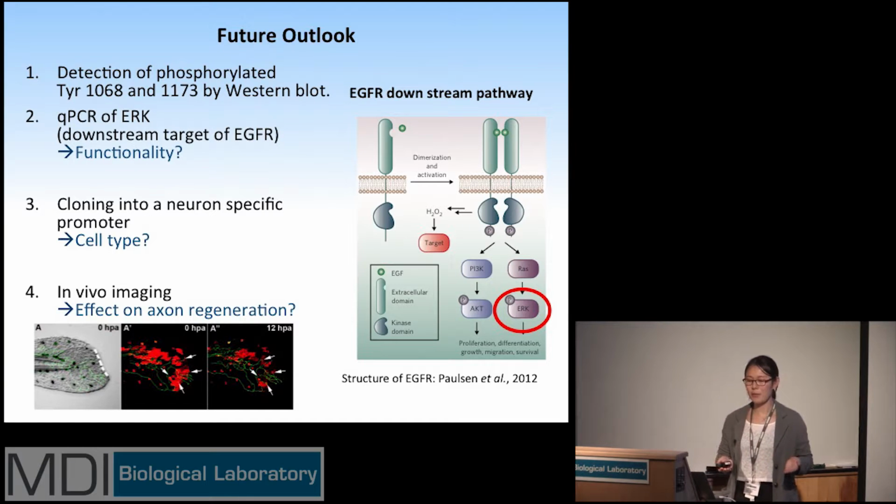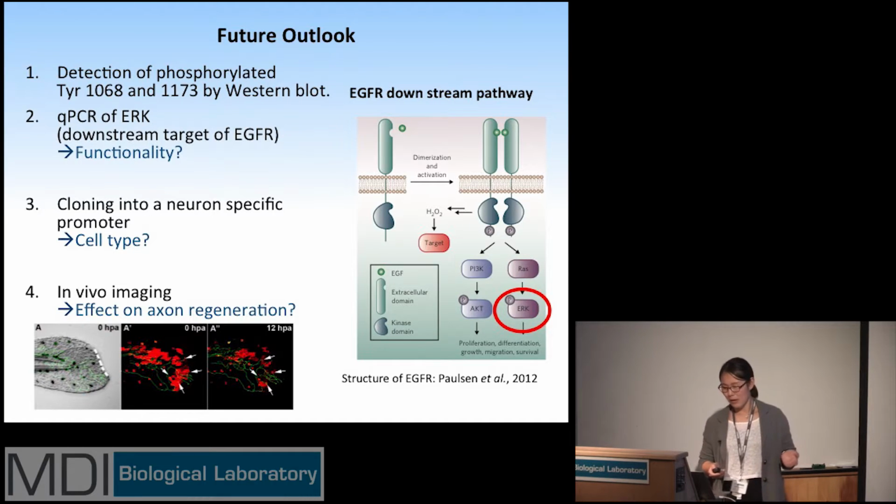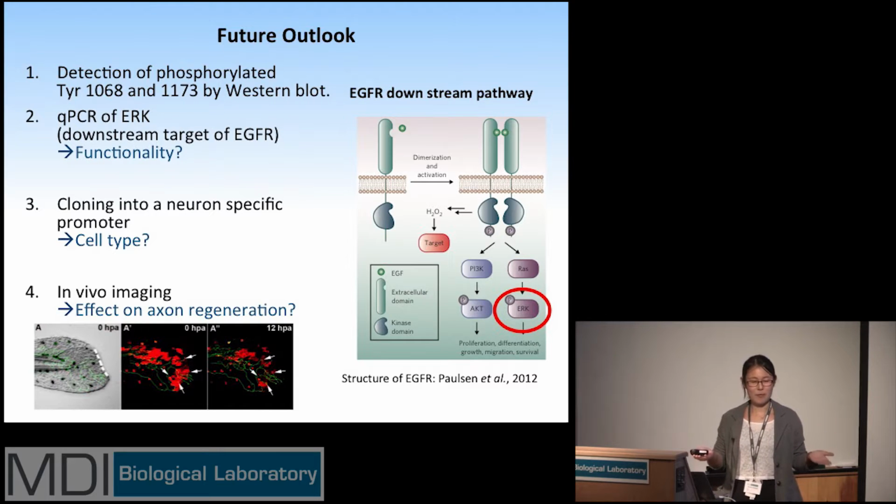We'd also like to perform qPCR of ARC, which is one of the downstream targets circled in the diagram. These 2 experiments will help us to see if the mutation and overexpression of the EGFR, and overexpression of wild-type EGFR, affect the functionality of the receptors.